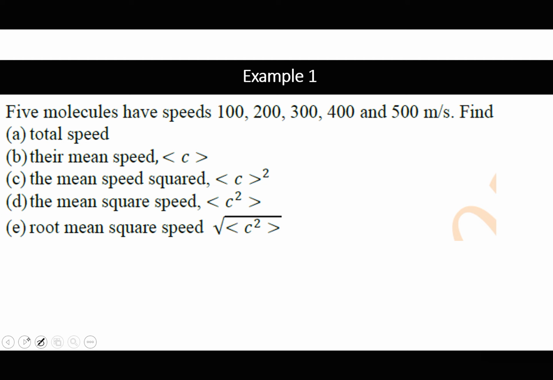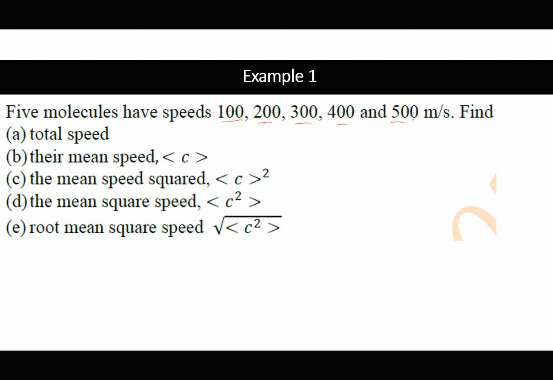So find the total speed. Here we have five speeds, meaning that there are five molecules: 1, 2, 3, 4, 5. For the total speed, you just press your calculator and sum up the speeds. 100 plus 200 plus 300 plus 500 plus 400.